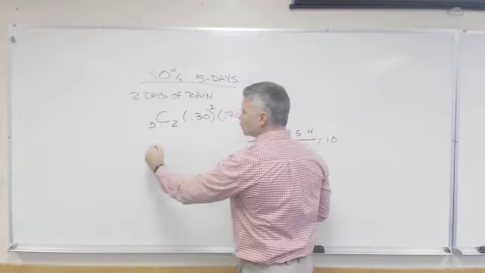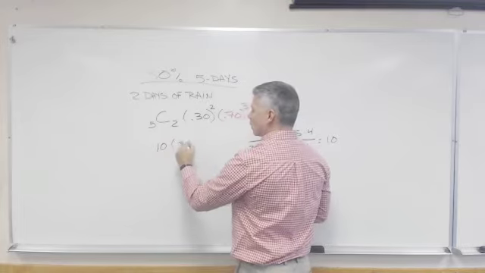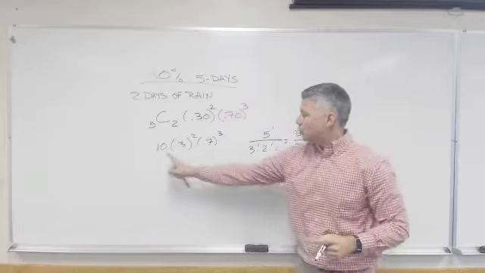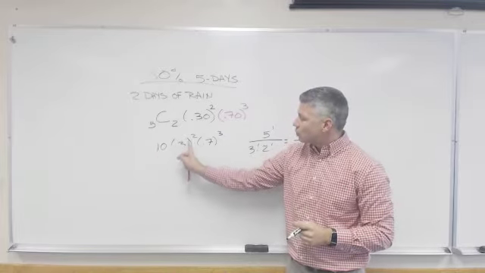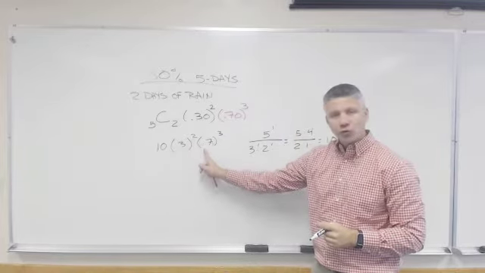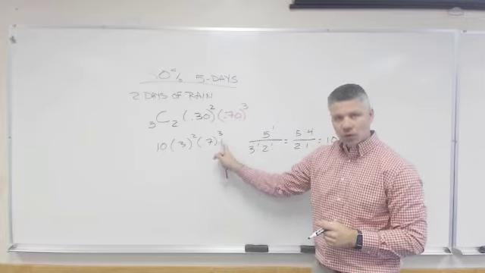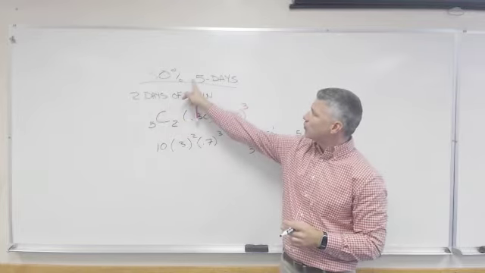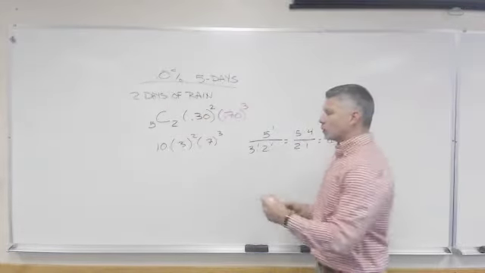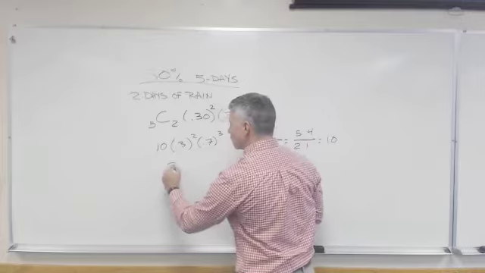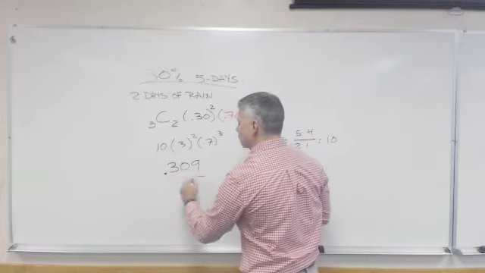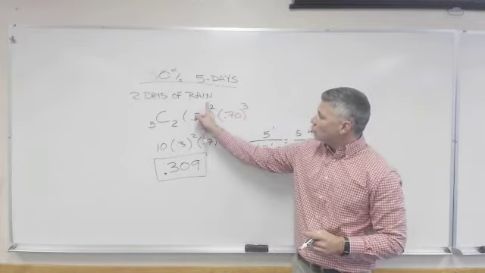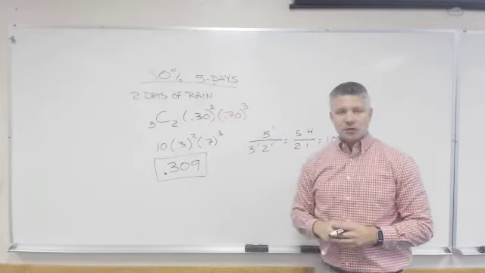So maybe it would be easier in our calculator in one long line to just put 10 times 0.3 squared times 0.7 cubed. And that will tell us the probability that we'll get 2 days of rain out of 5. If we round our answer to 3 decimal places, we get 0.309 as the probability that it will rain 2 out of 5 days.